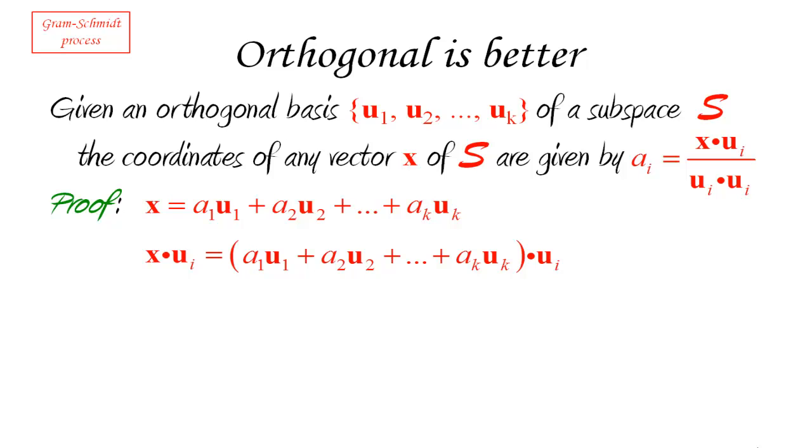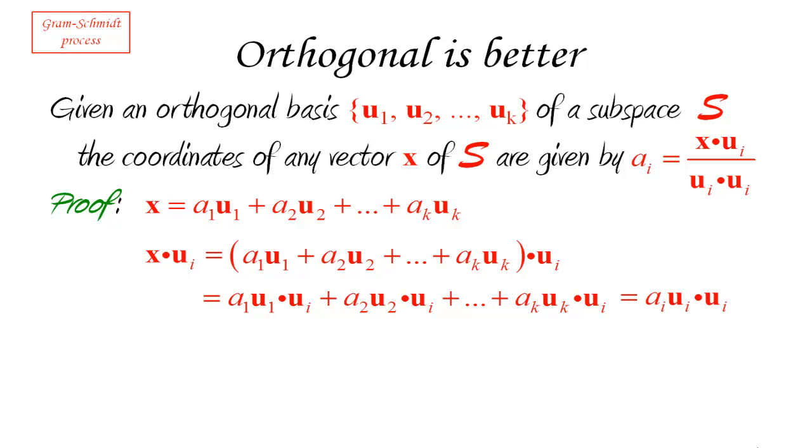But we know that the dot product is distributive, so the right hand side can be written as a1 times u1 dot ui plus a2 times u2 dot ui, etc. But now remember, these basis vectors are orthogonal to each other, which means that all those dot products are going to be 0 except for only one, namely the ith product. So we're left with just ai times ui dot ui.